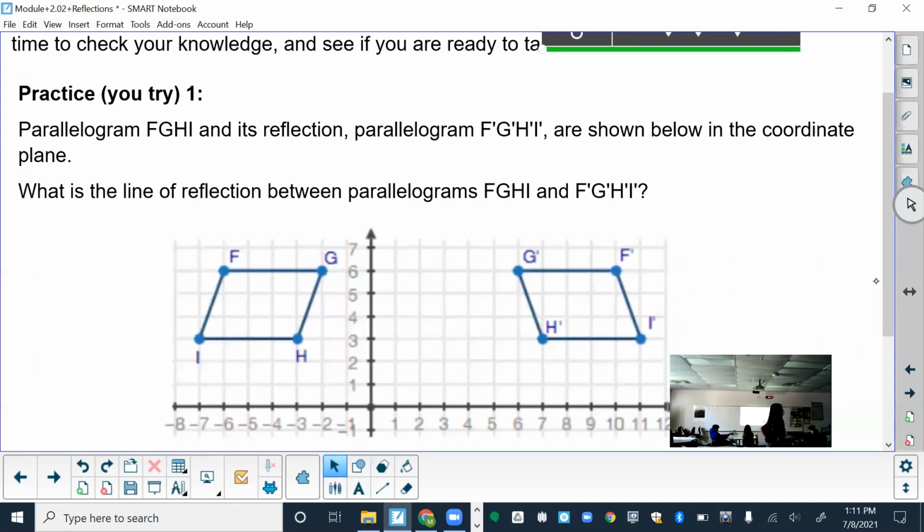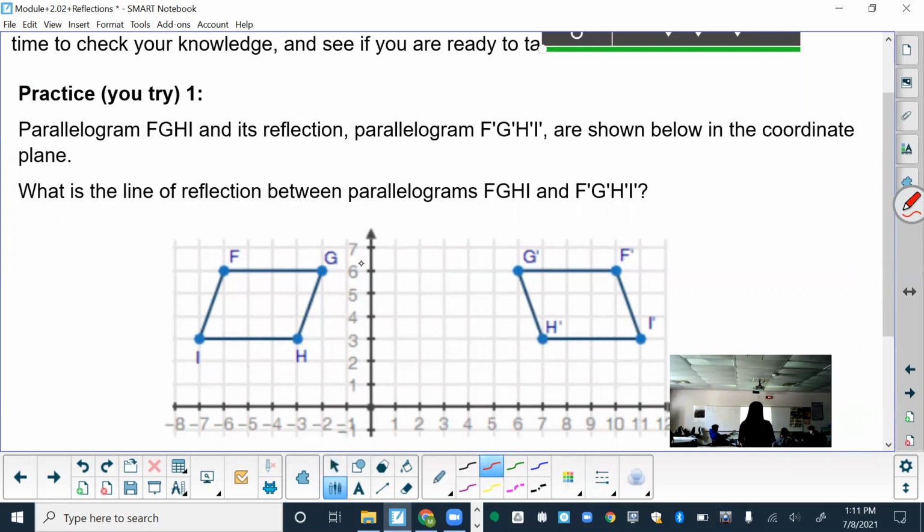Yes? Hold on to that thought for a second. All right, so because it's not the same distance away on each side of the y-axis, like right here, we can't say it's a reflection over the y-axis. It obviously didn't reflect over the x-axis or the line y equals x.